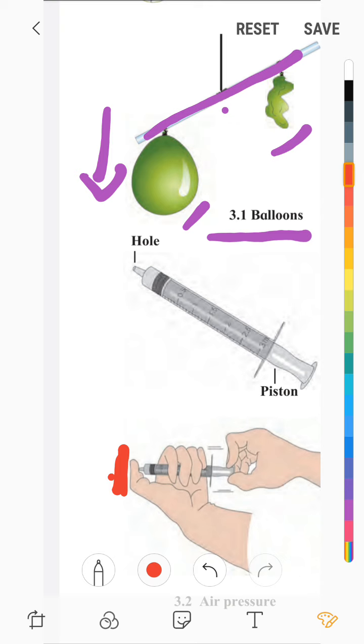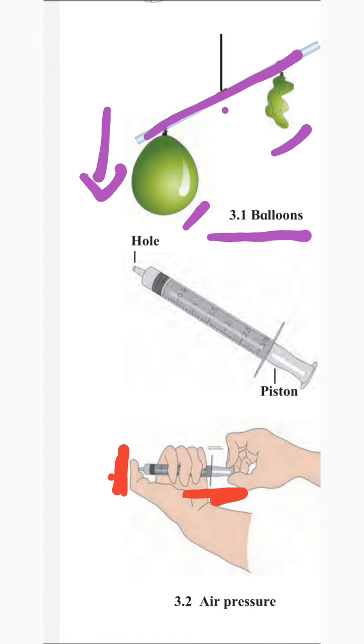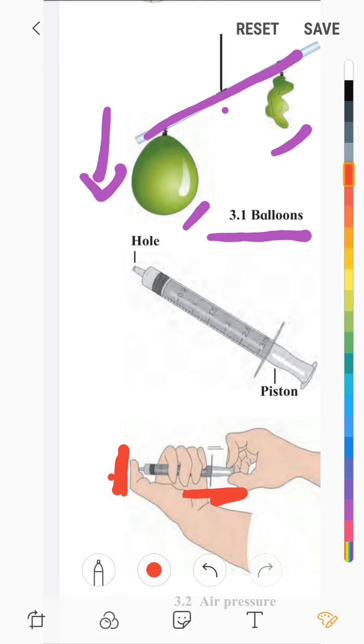More space becomes available to the air in the syringe and it becomes rarefied. As a result, the pressure of the air in the syringe is lowered. Comparatively, the pressure of the outside air is very high.